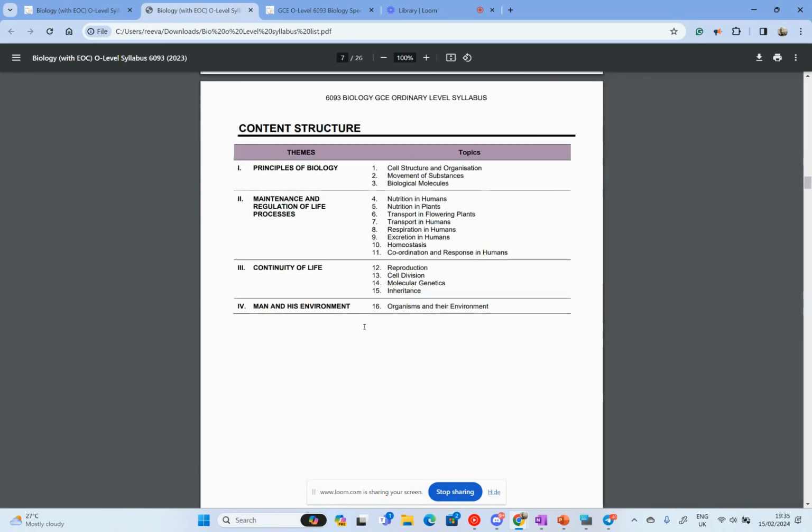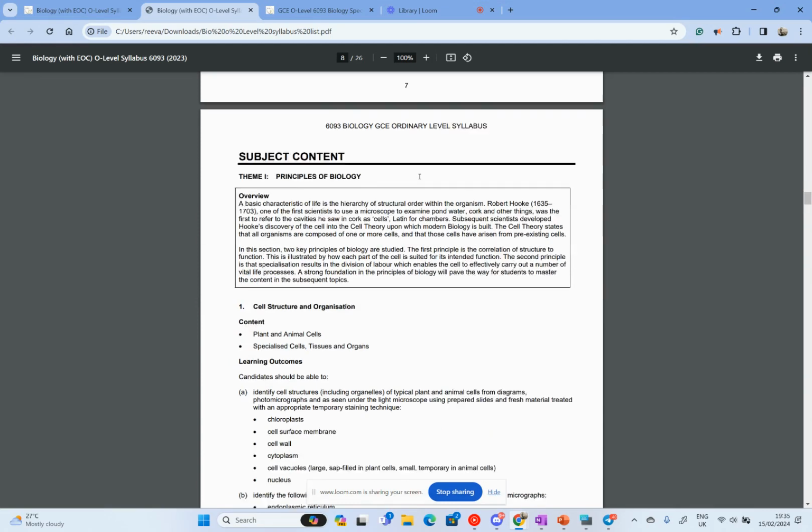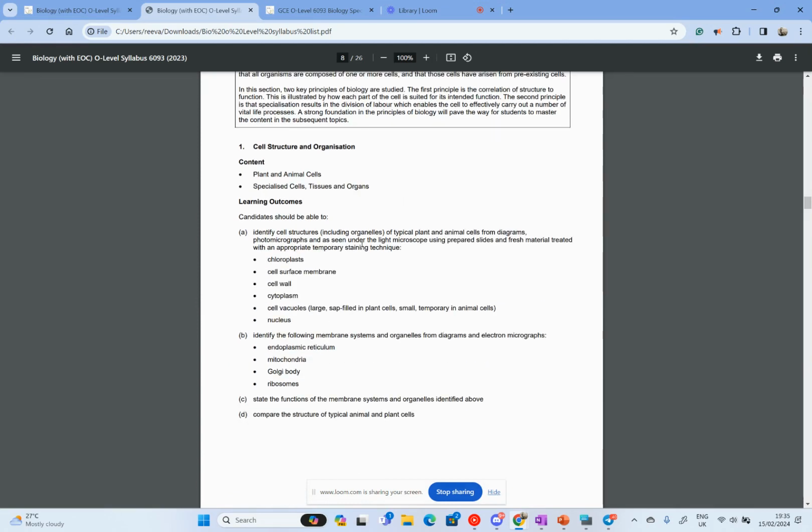Now, as you go down, you see the various themes and topics that you have. What I'd highly suggest is that you know everything that they have listed in these themes and topics, basically. Whatever learning outcomes they have listed down here, you should be able to know that information.